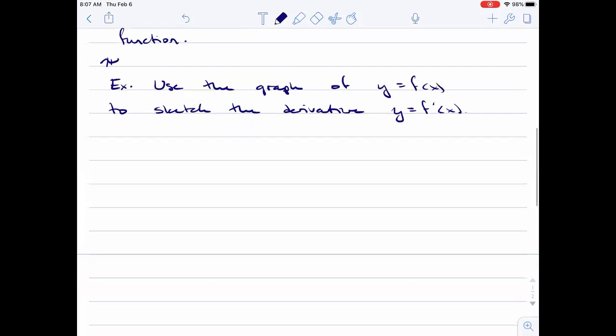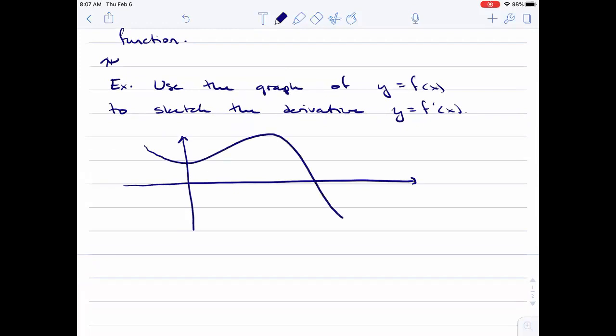So it's just going to be some random function here. Let's put it like maybe something like that.